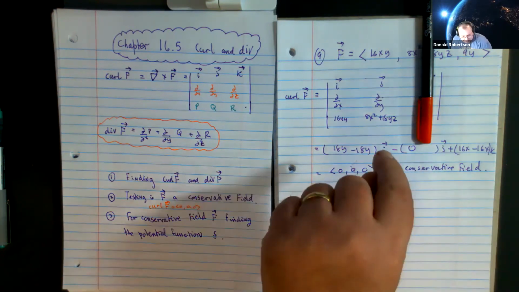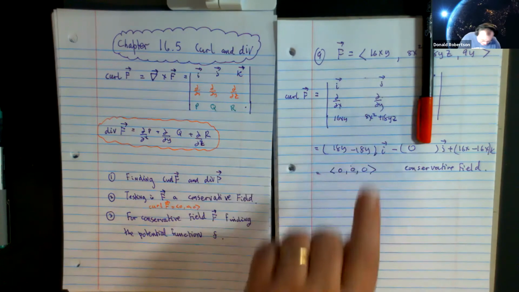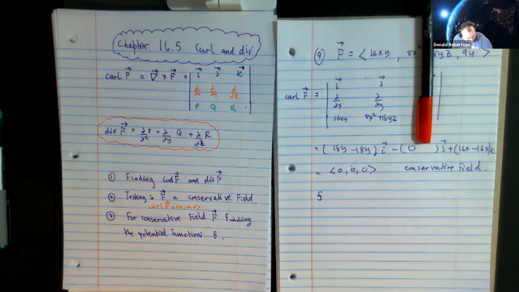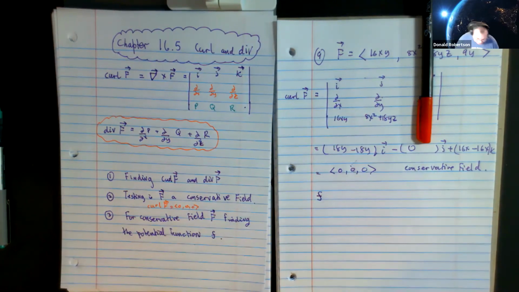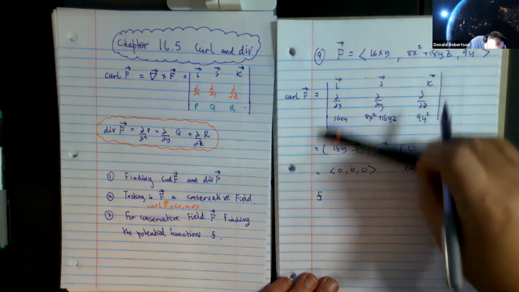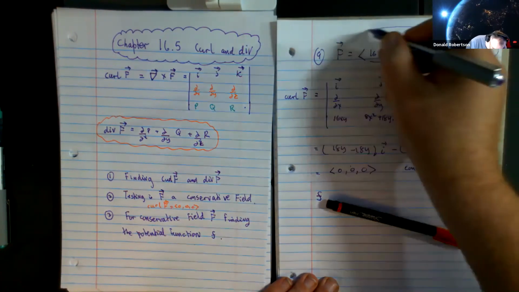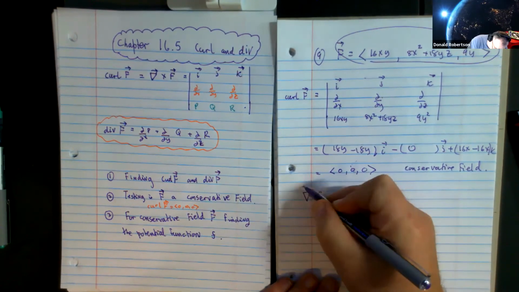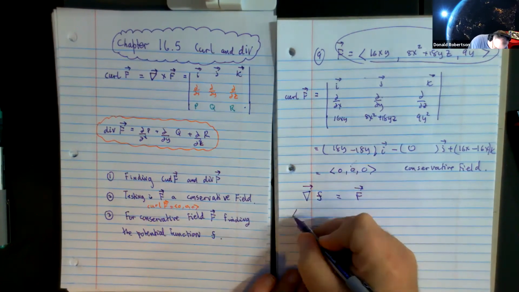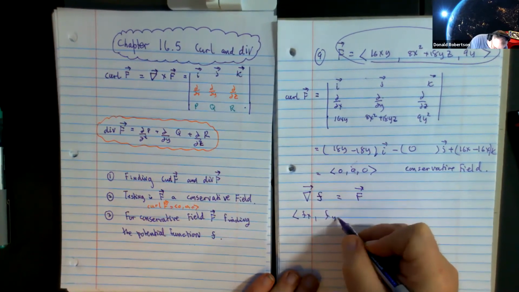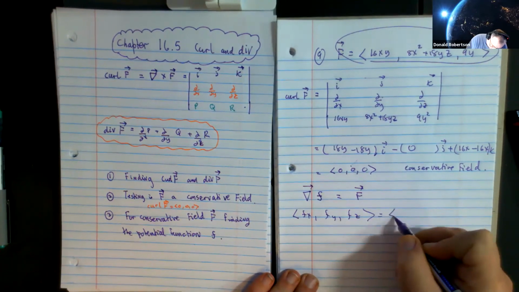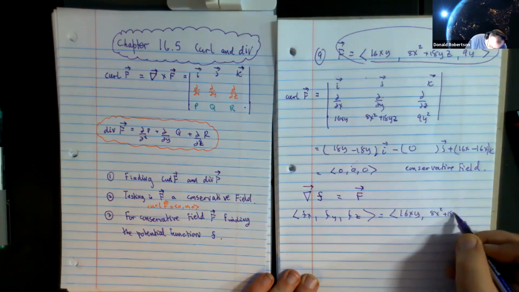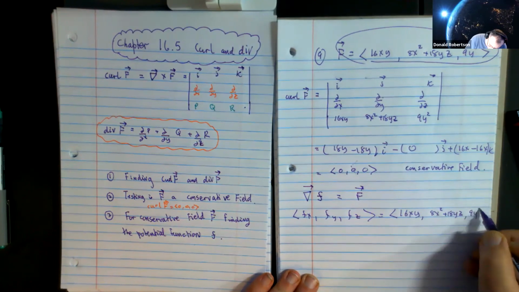Well, let's return back to this one and find the potential function. Basically step 3. If you look at this fella, the relationship is that delta f will be that, which means the partial derivatives of x, y, and z will be 16xy, 8x squared plus 18yz, and 9y squared.